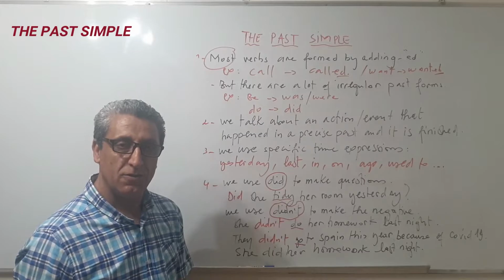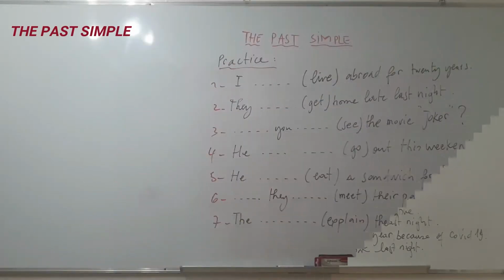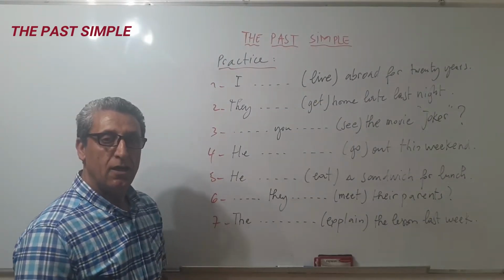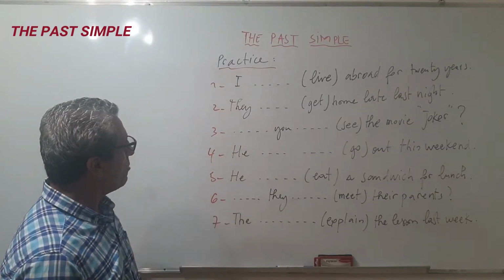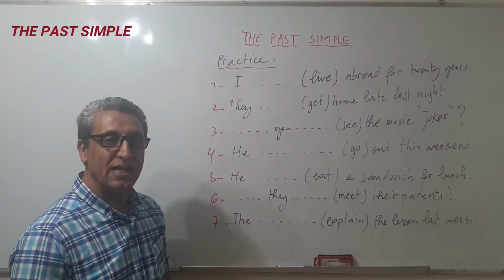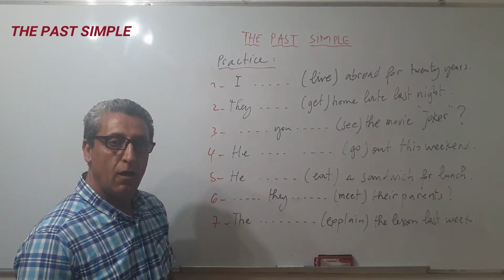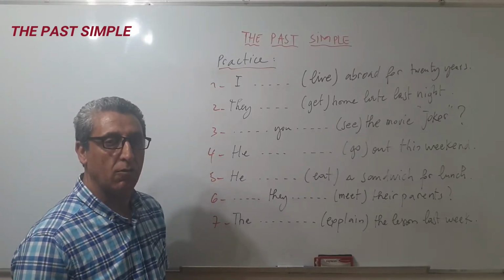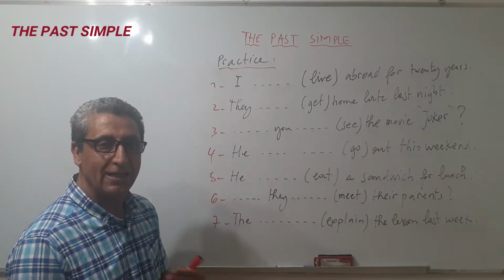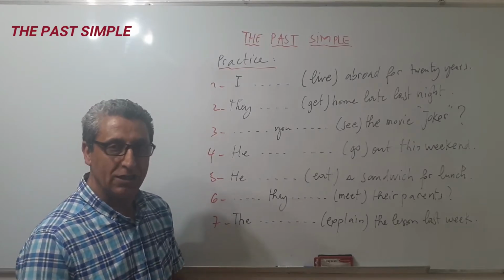Good. So let's go to some examples. Let's practice the past simple. Here I provided 7 sentences so that we can practice the past simple. In these sentences, there are negative, interrogative, and affirmative forms.